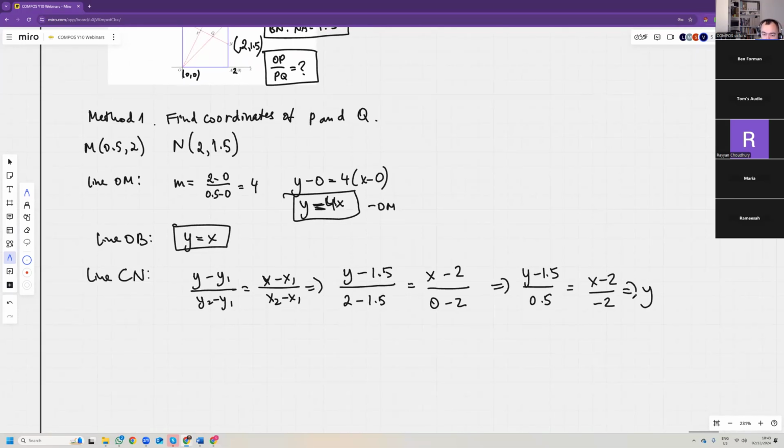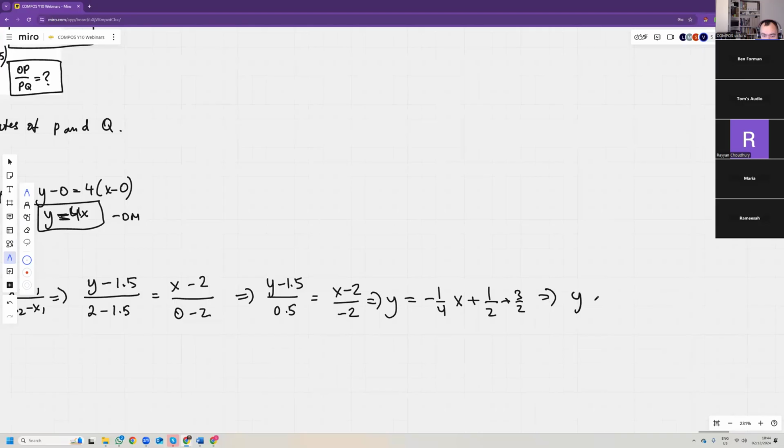So y equals minus a quarter x, minus a quarter times minus 2, so plus a half, plus 3 over 2.